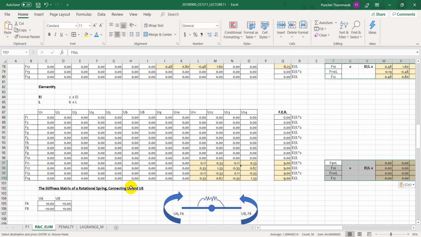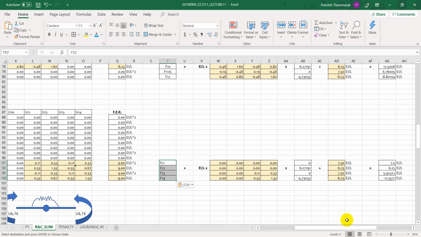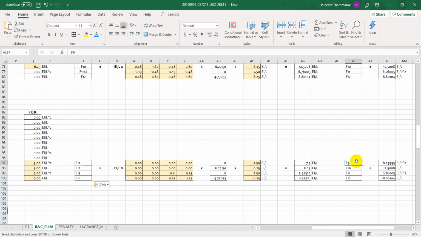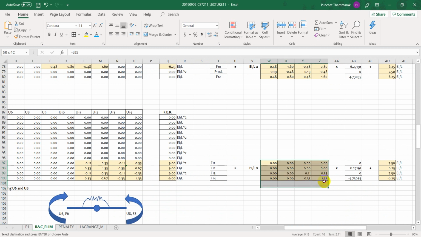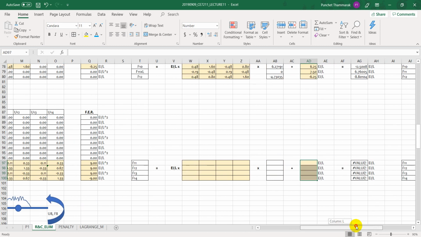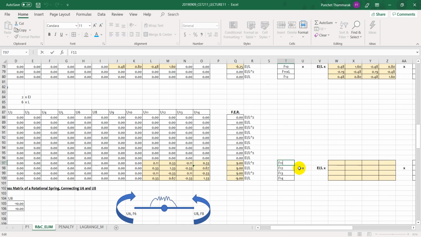It is 11 to 14. So paste and paste things in here, delete. Okay, multiply by L and multiply by L. That's it.